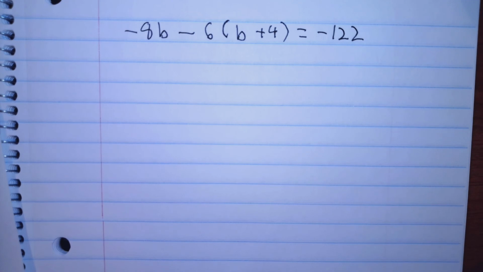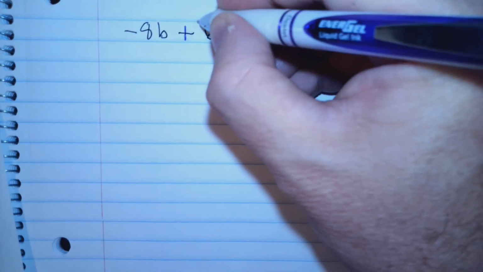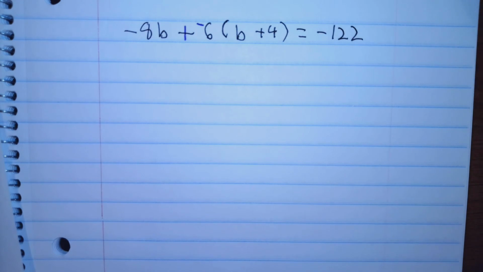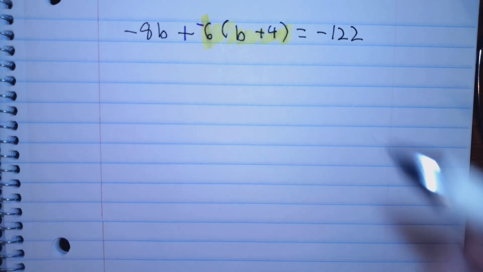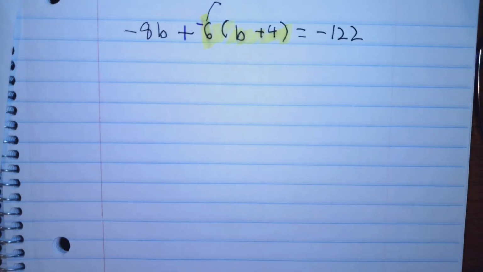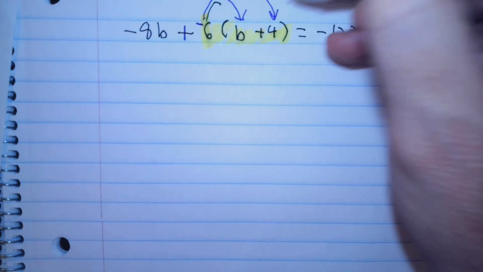All right, again, we're going to look for tricky parts, and here's the trickiest part. That negative, change it to plus a negative. So when you distribute, you will distribute that negative. Okay? So let's go ahead and distribute this right here and right here.